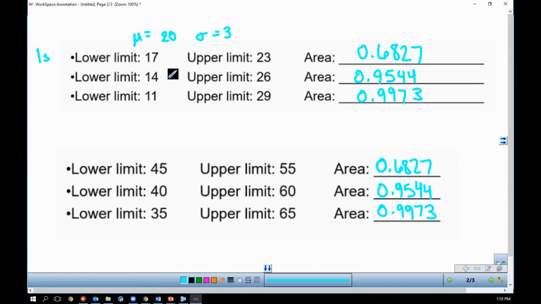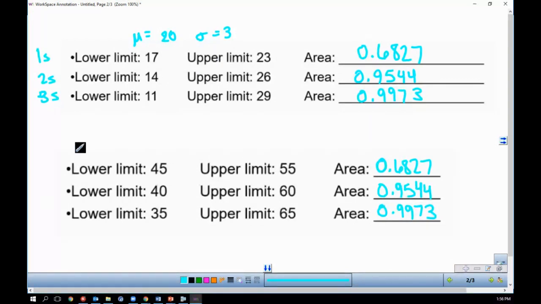What about the next one? How far is 20 from 14? 6. 6 divided by 3 is what? 2. So the next one, we're 2 standard deviations away. What do y'all think about the third one? How many standard deviations away are we? 9 divided by 3 is 3.